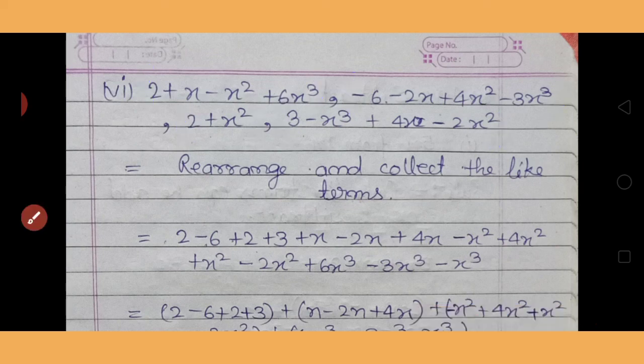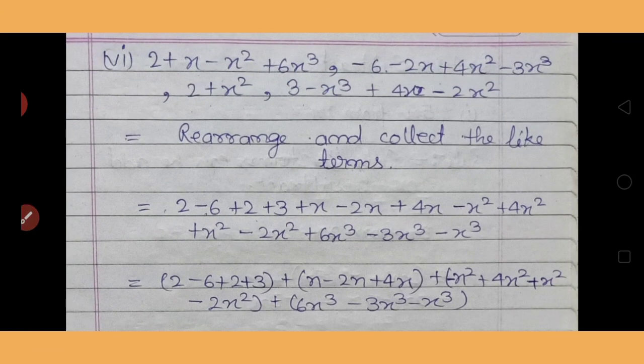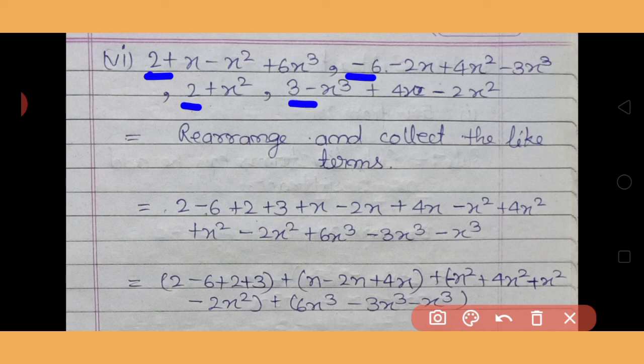Now we will rearrange and collect the like terms. Firstly, we will write the numerals that are directly given. For example, 2 is given, minus 6 is given, 2 is given here, and 3 is given here. So 2 minus 6 plus 2 plus 3.